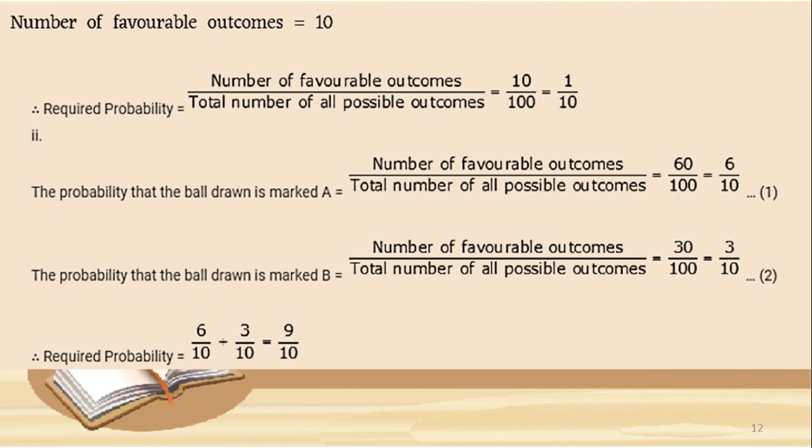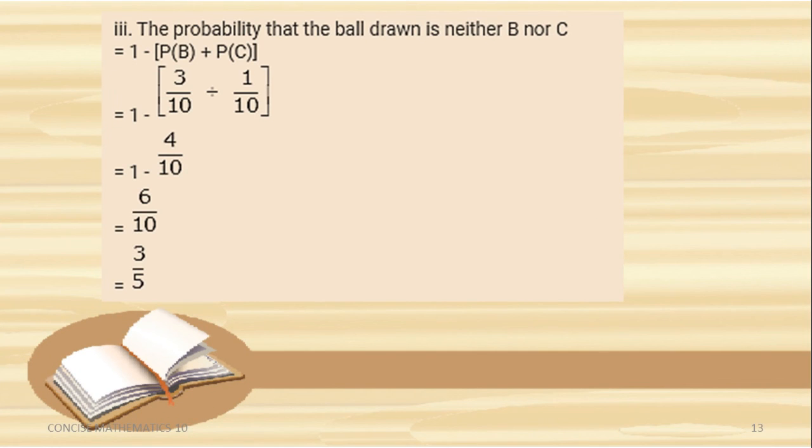Then the third sub question is neither B nor C. How nice the question is, children, try to understand. Neither B nor C means the sum of the probability that the ball drawn is B and C has to be removed. We know that the probability that the ball drawn is B is 3 by 10.